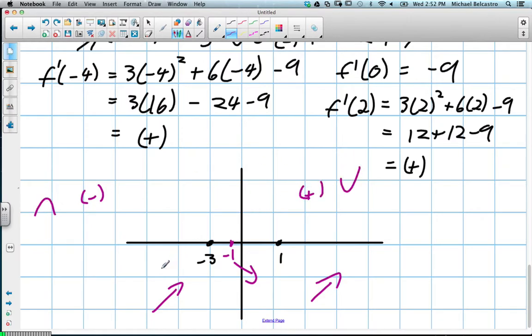So when we go to draw this, this was an increasing value, and at negative 3 we had a turnaround point. We can find out what the exact values are by plugging negative 3 and 1 into the original equation. We probably should do that so we know where they lie at specific coordinates.